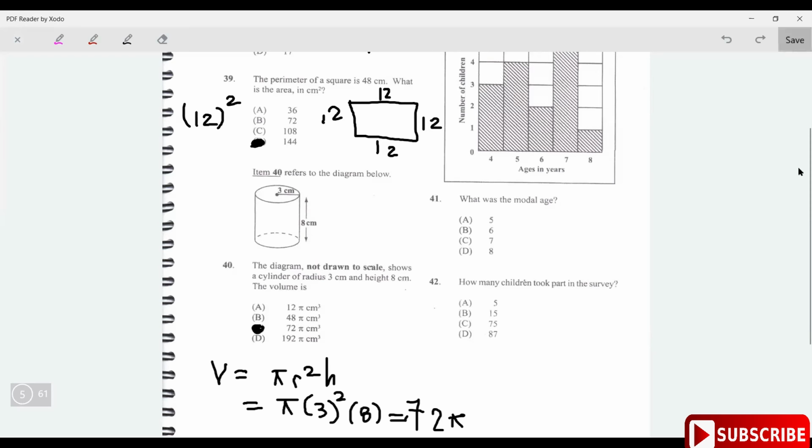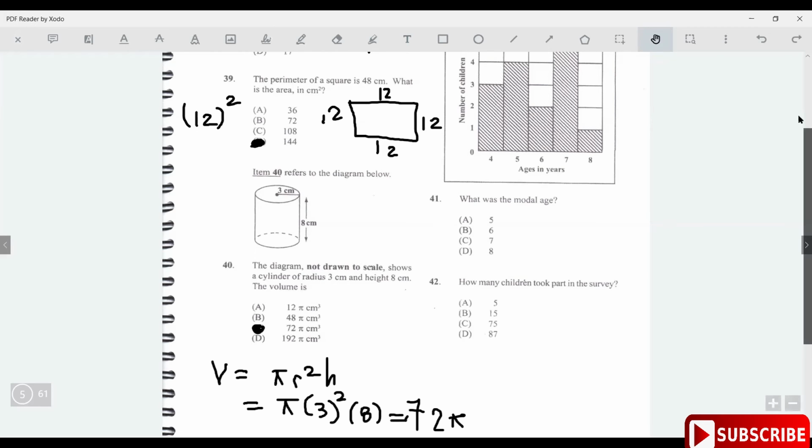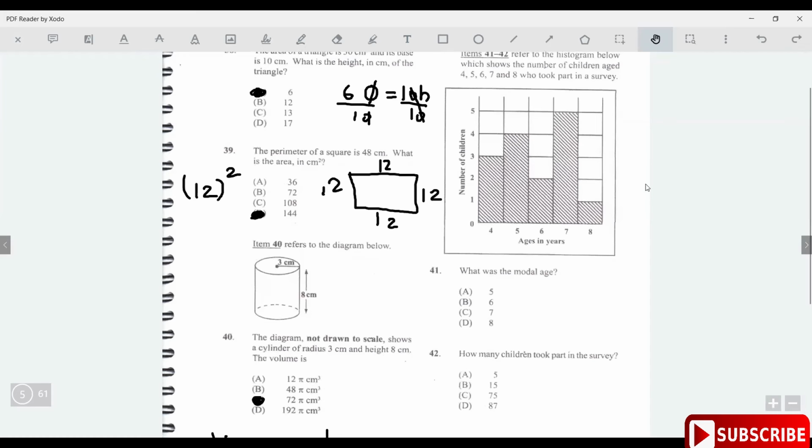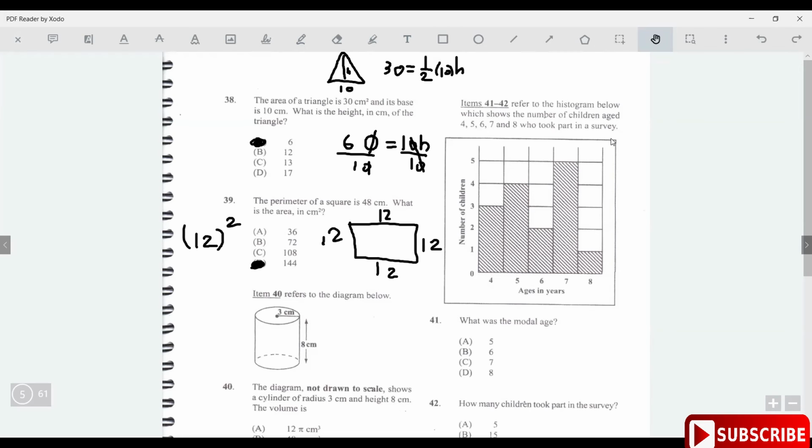Too easy. Question 41. What was the modal age for this figure that they give us? So let's read the question. Item 41 refers to a histogram which shows the number of children aged 4, 5, 6, 7, and 8 who took part in a survey. What was the modal age?